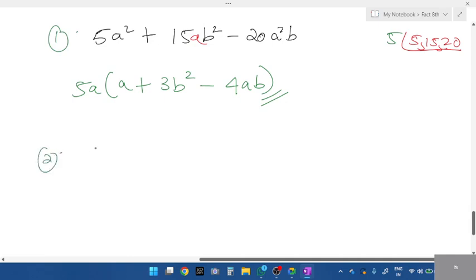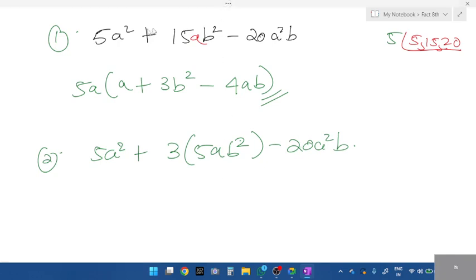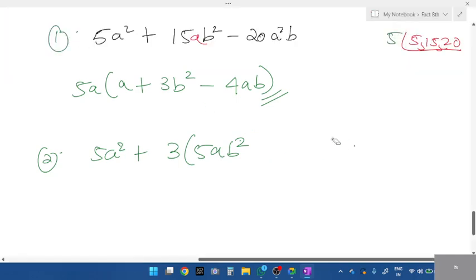We know. Second type: 5a square plus 3 into 5ab square minus 20a square b. How many terms are there? How many terms, students? Three terms.